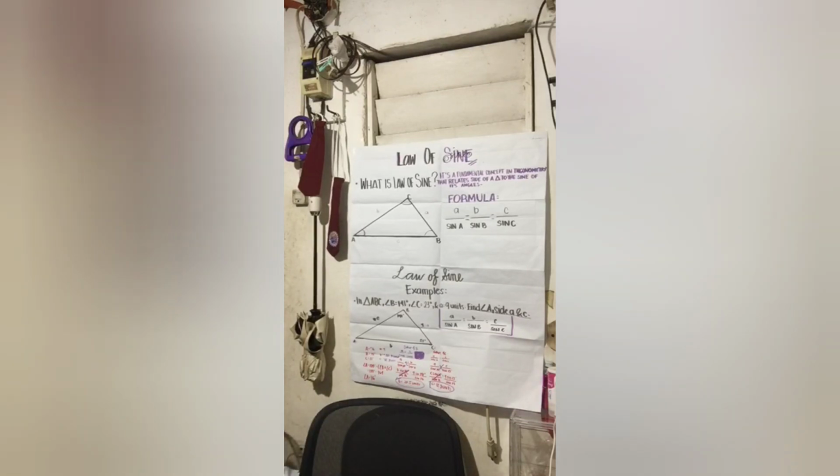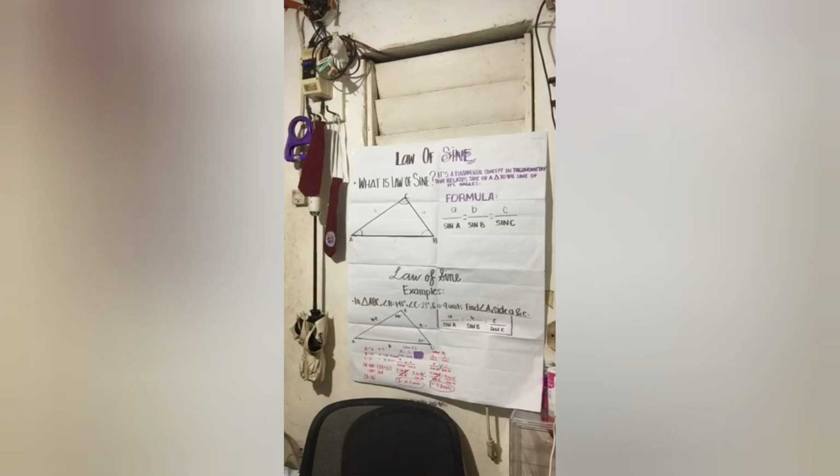To solve faster, we'll use a scientific calculator. We'll solve first for angle A. The formula for angle A is angle A equals 180 degrees minus the quantity angle B plus angle C. Now, A equals 180 degrees minus 164.